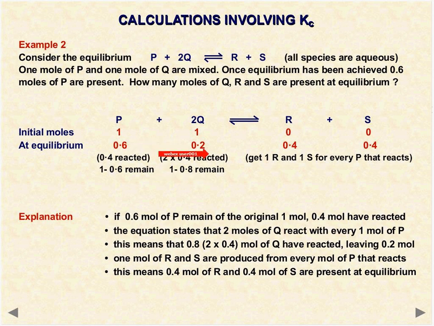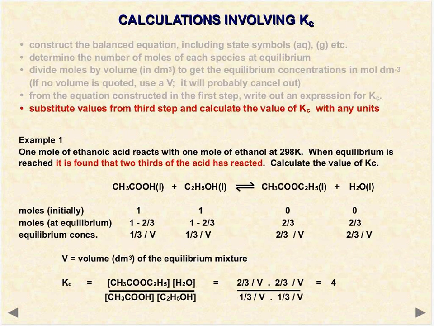Ratio of P is to R is 1 is to 1. So 0.4 P is reacting, 0.4 R will be getting formed. Whatever is getting out of P is actually forming the product side. Let's just go back.